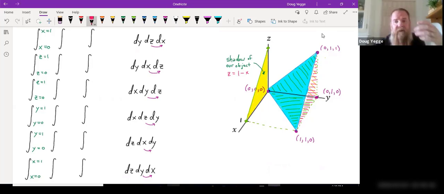So let's think about how this extends. How does z change as x changes? As x keeps moving from 0 to 1, z changes from 0 up to the line. At a different location of x, it extends from 0 up to the line. And so we could see that as x changes, z would extend from 0 to 1 minus x.